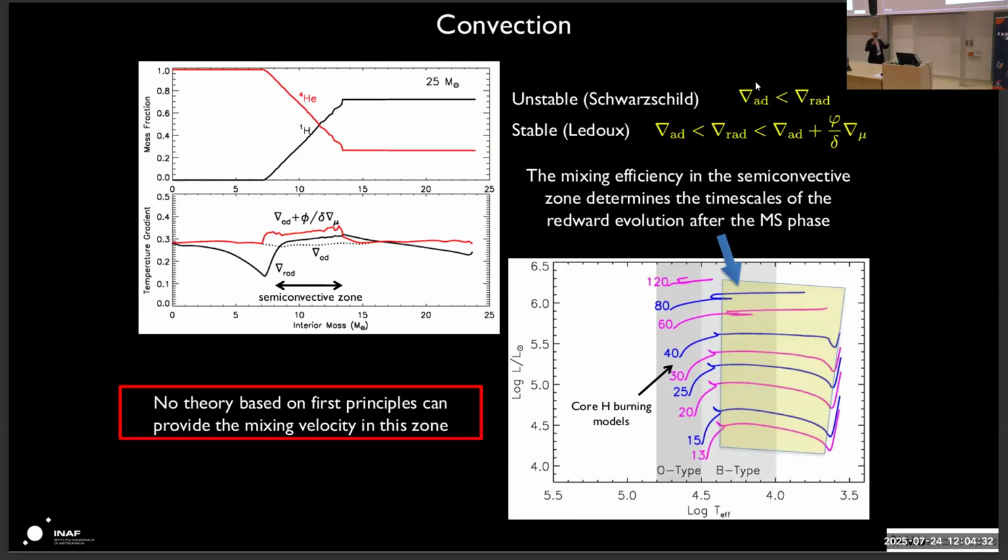This is a well-known situation. It's called semi-convective zone, but again, we don't know which is the velocity, which is the efficiency of convection in this zone, because this zone is treated by means of the mixing length.